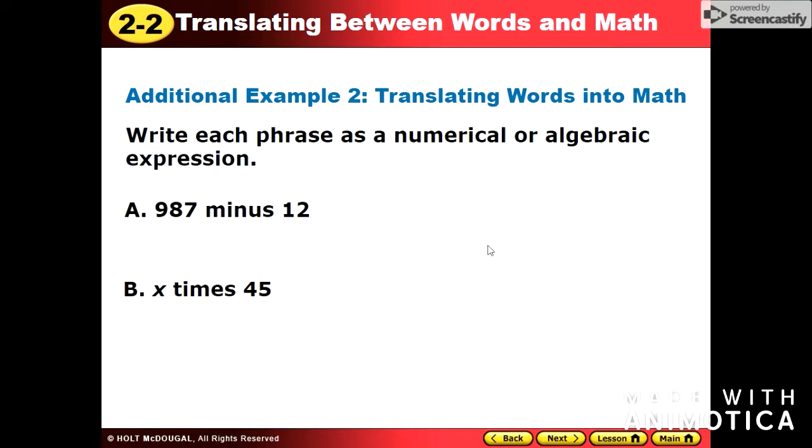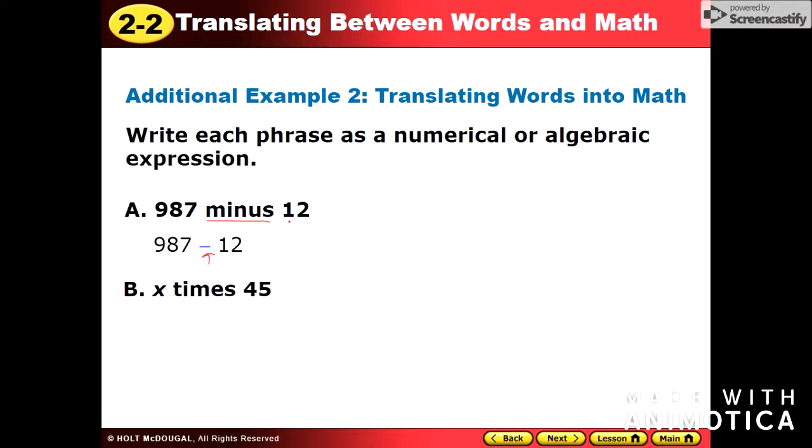Okay, so flash back now to the Know It Note piece of paper, and we're on example 2, letters A and B. It says write each phrase as a numerical or algebraic expression. Okay, the first one we have 987 minus 12. Only thing we need to do in this case is substitute in the subtraction sign for the word minus.